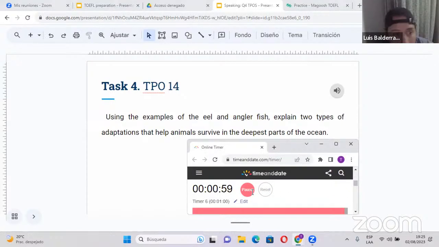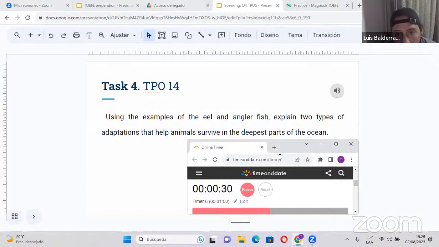The lecture discusses the two types of adaptation that help animals to survive in the deepest part of the ocean. First, the professor explains the body features, which is the ability to expand his stomach and eat big animals.